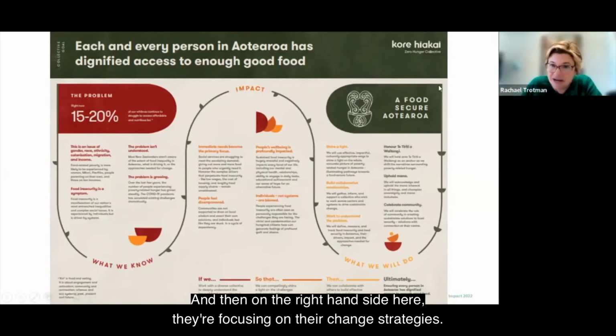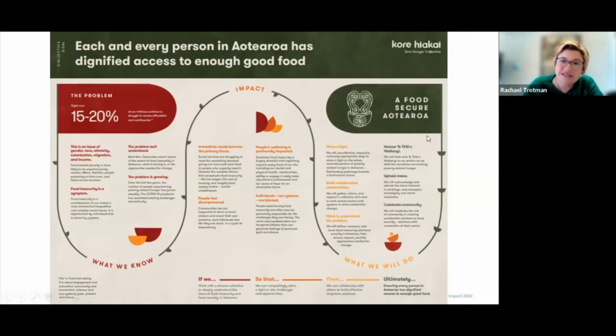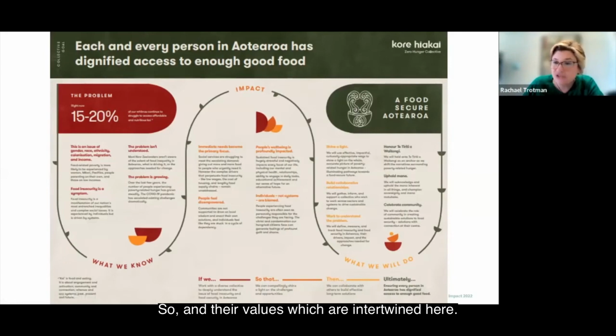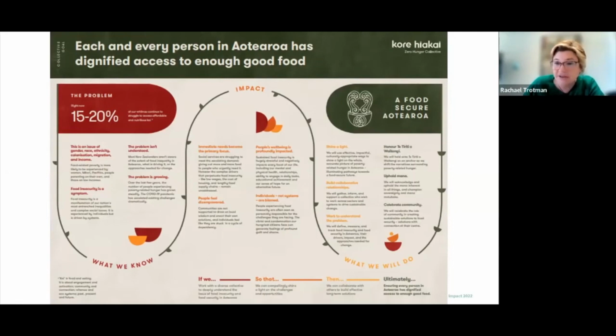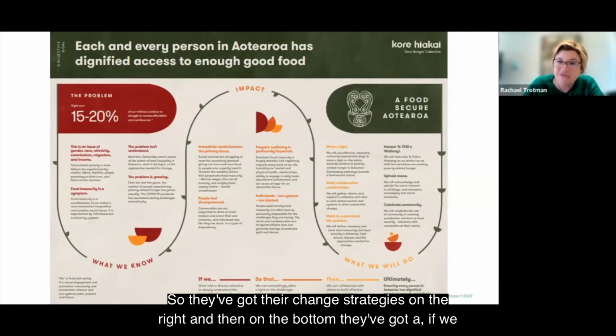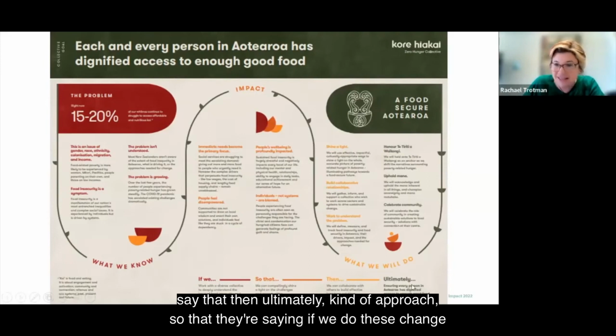And then on the right-hand side here, they're focusing on their change strategies, and their values, which are intertwined here. So upholding mana is a change strategy and a value. They've got their change strategies on the right, and then on the bottom, they've got an "if we" approach.